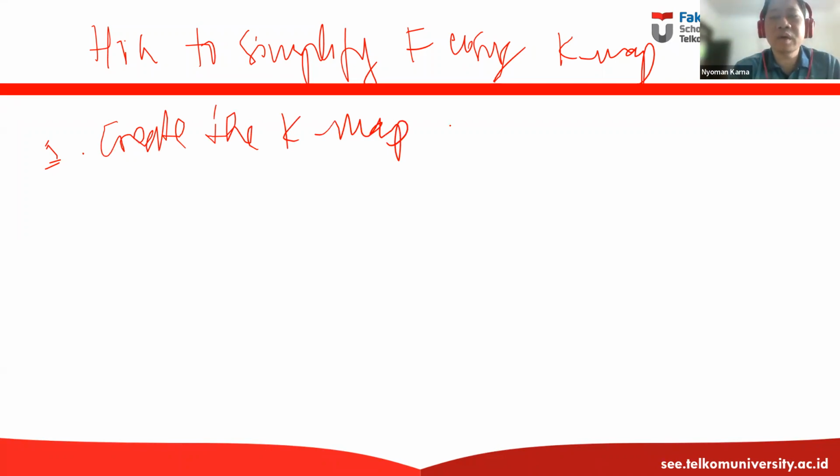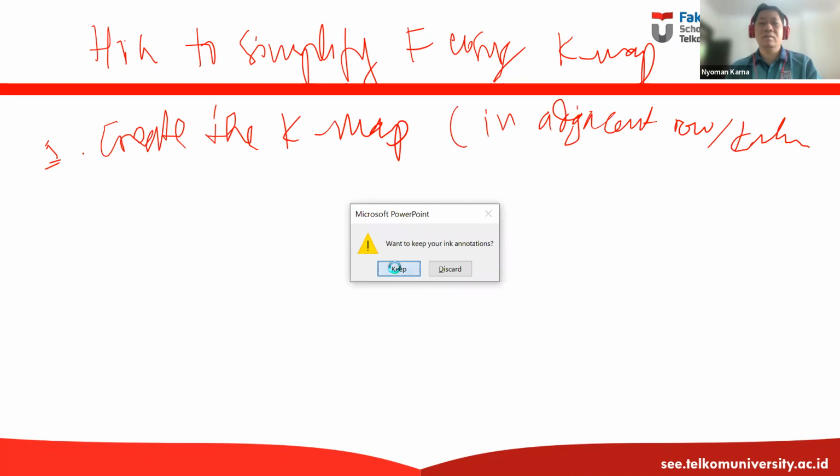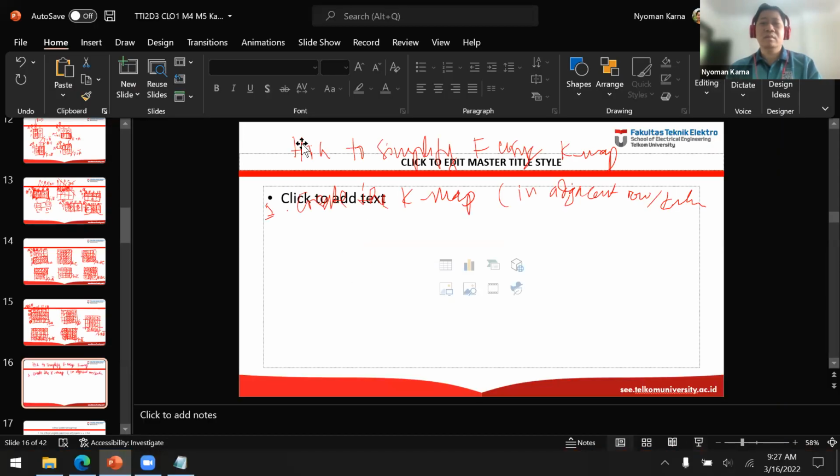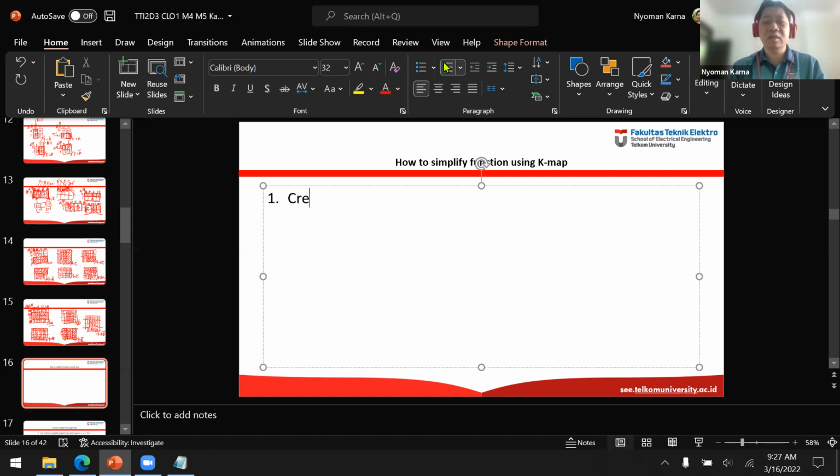Remember, in creating the K map, in adjacent row or column, only one variable changes. I think it's better to just write how to simplify a function using K map. Okay, first thing is to create the K map itself.